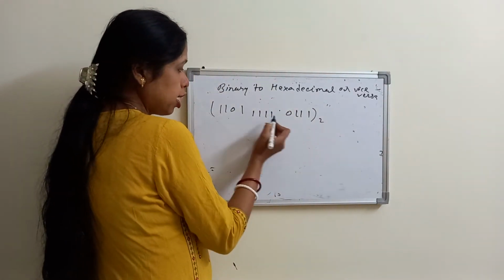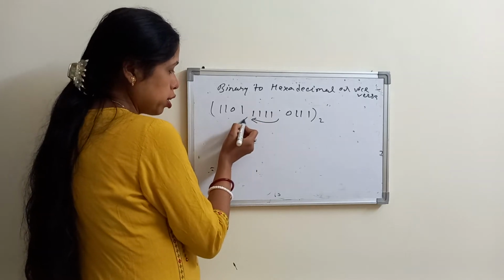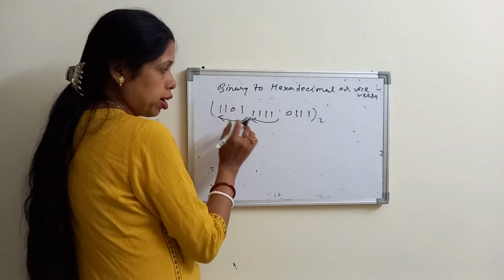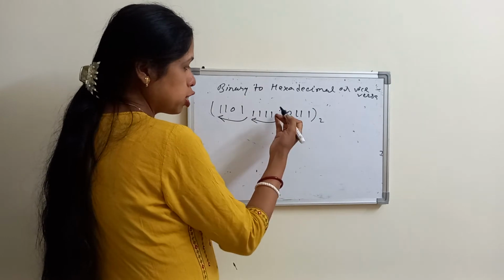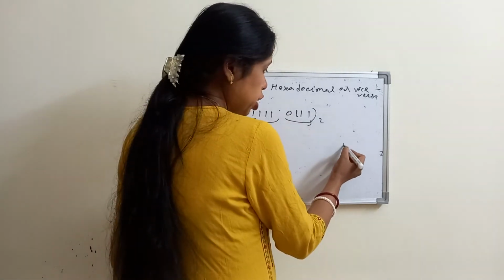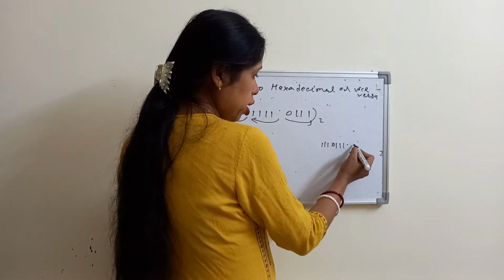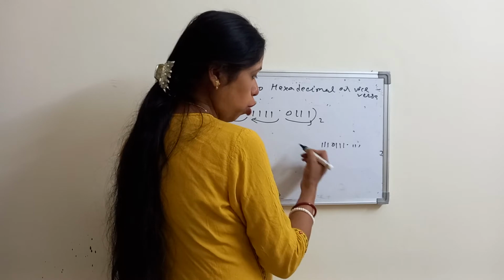So in case of the real number, in this way I am combining. This 4 digits is 1 number and this 4 digits is 1 number, right? After the decimal point, I can combine this way. Suppose any number is there like this, how can you combine?